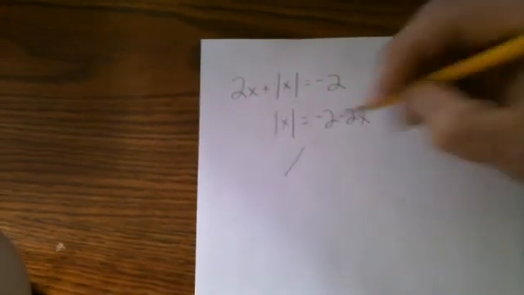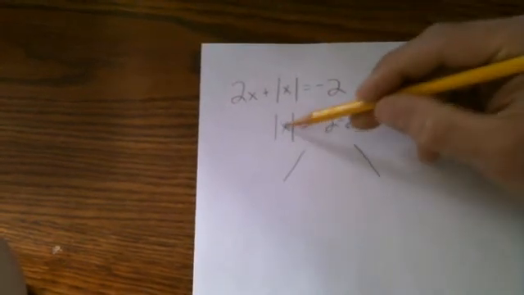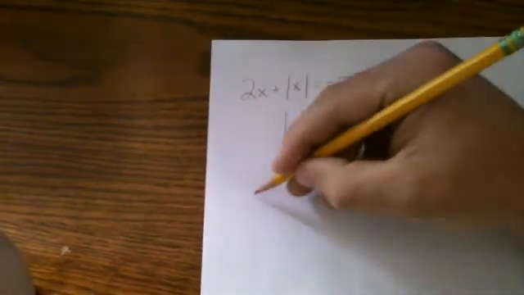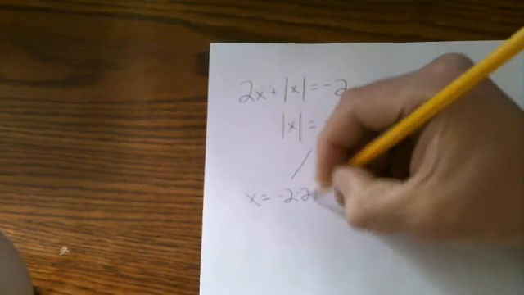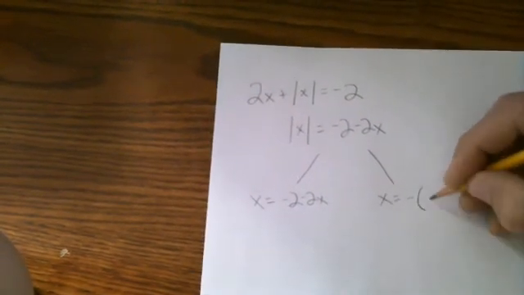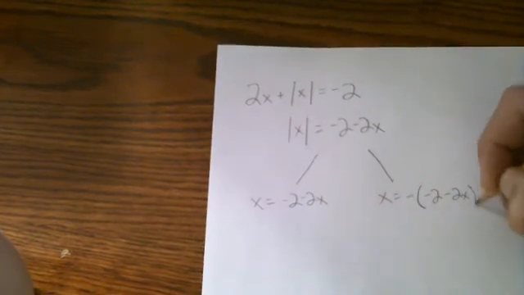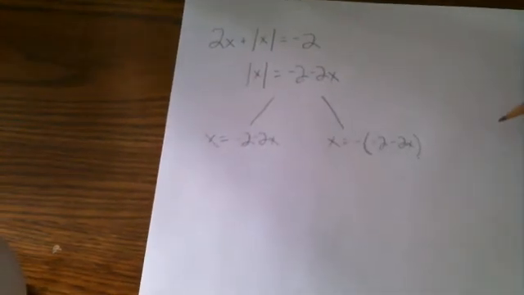So we're going to break it up into two separate equations. We're going to make the inside equal to the positive value, or left alone rather. x equals negative 2 minus 2x. And we're going to make it equal to the negative value. Note my use of parentheses to remind myself to distribute the negative.